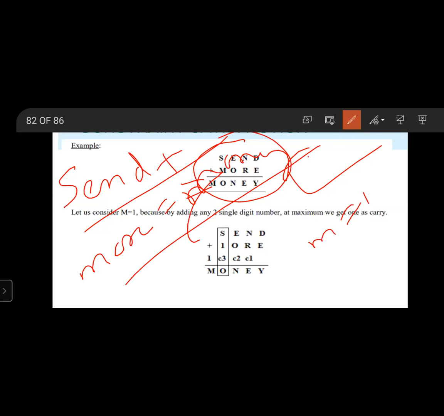Because when adding any two single digit numbers, the result is a single digit number, and at maximum we get 1 as carry.